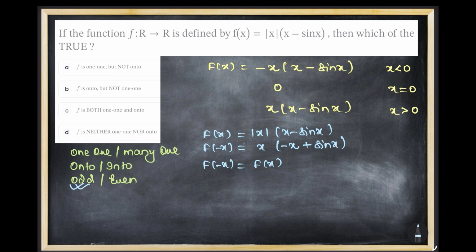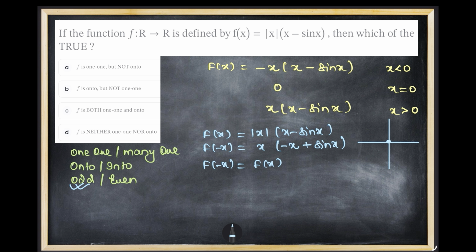Odd means what? It is symmetric about the origin. Correct or wrong? So what I will do, I will observe the function after 0. Like if it is increasing, decreasing, increasing, decreasing, it will follow the same trend because it is symmetric about the origin. So I will take the mirror image from the origin.